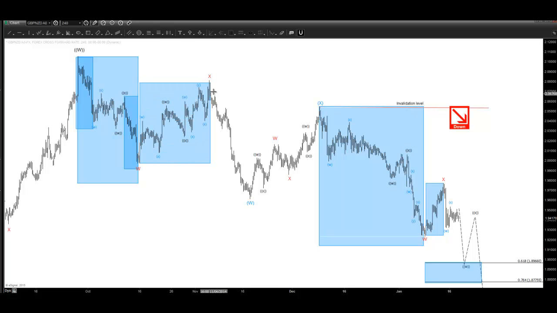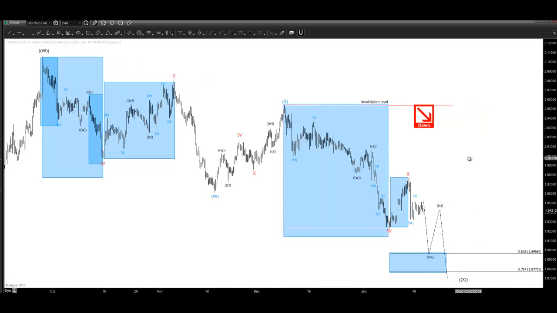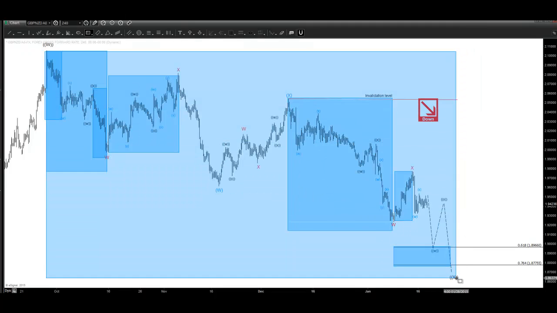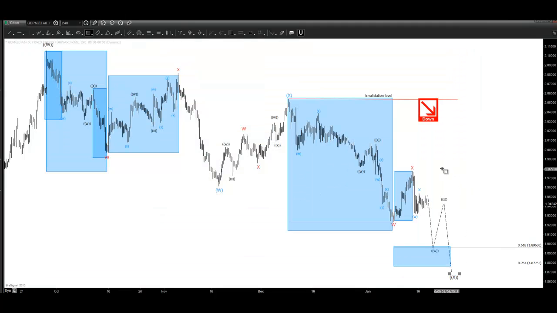And now we are in the process of either breaking lower to finish the W, X, and Y in blue and finish the whole cycle like this. It's too early to tell, but it is a possibility that the second X over here, which is equal to this, is already in place.